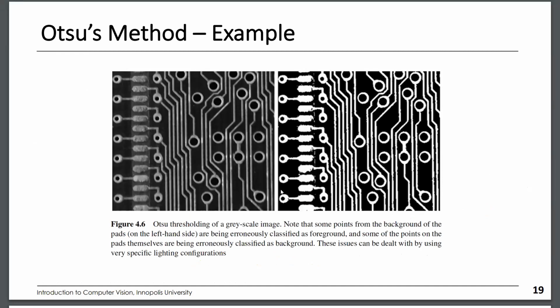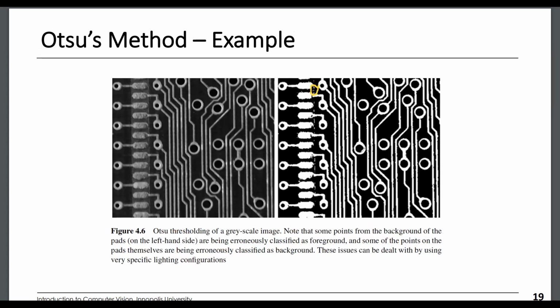Now just to see how Otsu's method looks. Here you can definitely see that it's doing a very, very good job. But it has a few issues. Some of these issues are the following. You see these pixels? These are pixels from the background, which are taken with the mask.